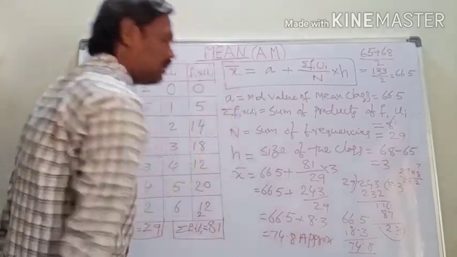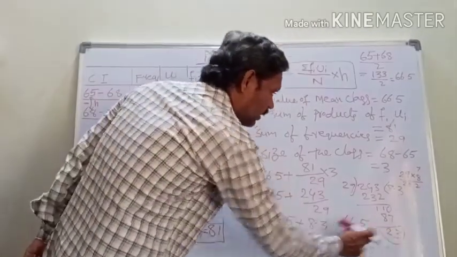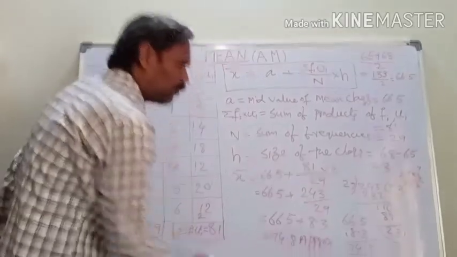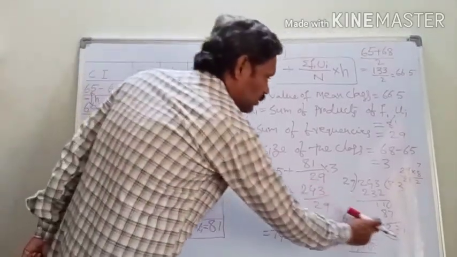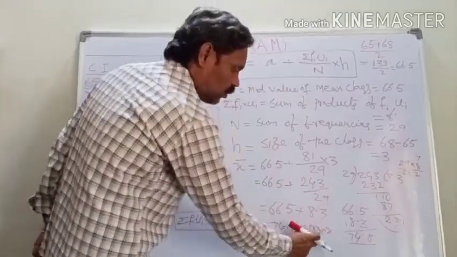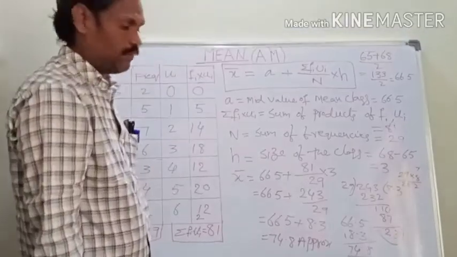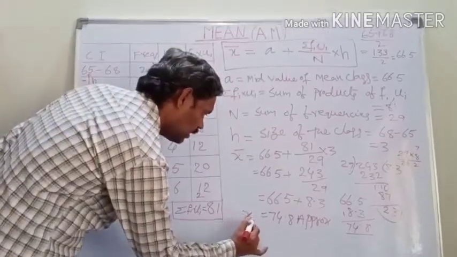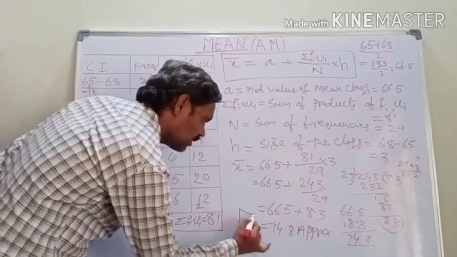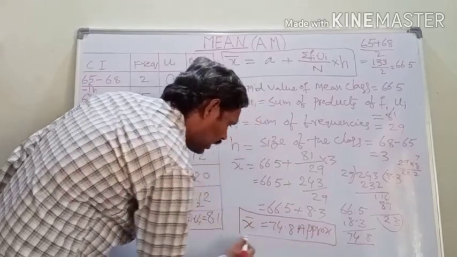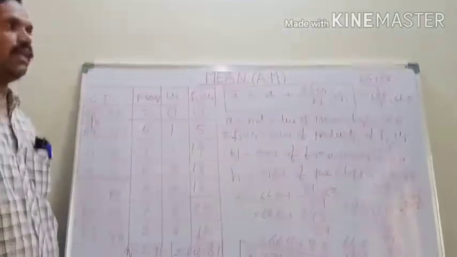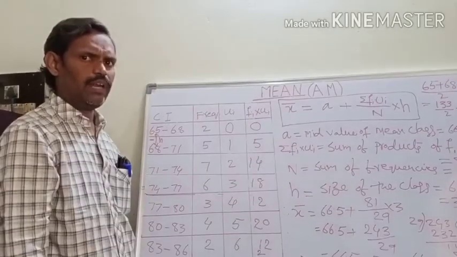Why? Because here we don't get 0 as a remainder. That's why you have to write approximately. If you get 0 as remainder, there is no need to write approximately. Finally, the answer is x bar is equal to 74.8 approximately. Okay, do you understand?